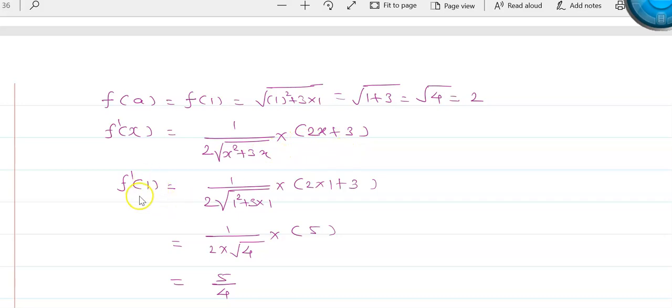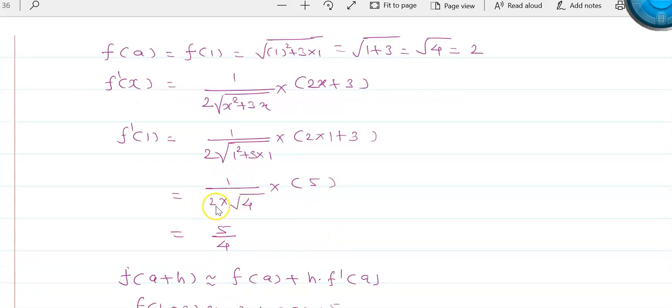Therefore f dash of 1, x is replaced by 1: 1 upon 2 times square root of 1 square plus 3 into 1, into 2 into 1 plus 3, that is 5. That is 1 upon 2 into root of 4, which is 2 into 2, 4. Therefore f dash of 1 is equal to 5 by 4.